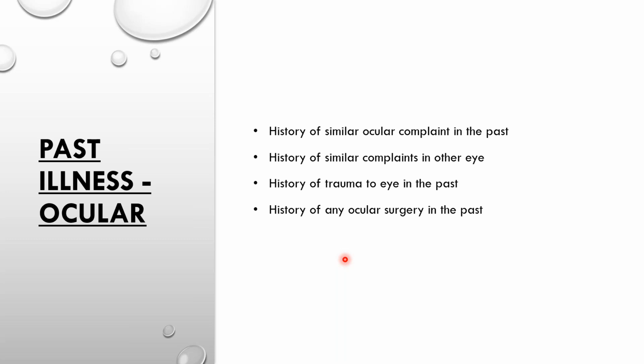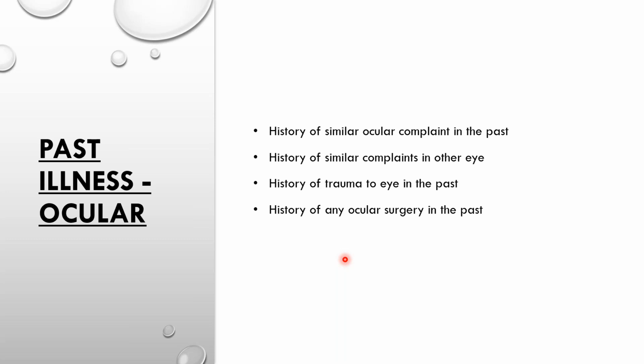It also tells you that if there have been past complaints of the same disease or same presentation, then it could either be a recurrence of a disease which had resolved before and now has recurred, or it could be a reactivation of a chronic underlying disease. For example, we have viral keratitis. If it's caused by herpes simplex, this might recur a few times.